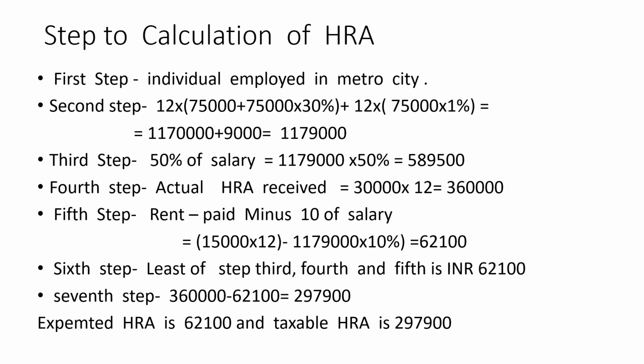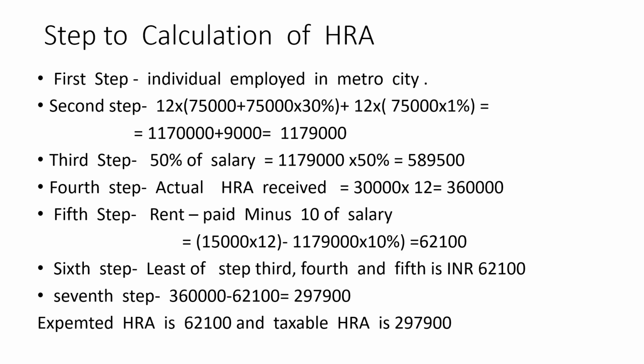In the fifth step, we have to find the actual rent paid minus 10% of salary. He has paid 15,000 per month, so in 12 months his actual rent will be 1 lakh 80,000, and 10% of salary means 10% of 11 lakh 79,000. After calculating, the amount in the fifth step is 62,100.